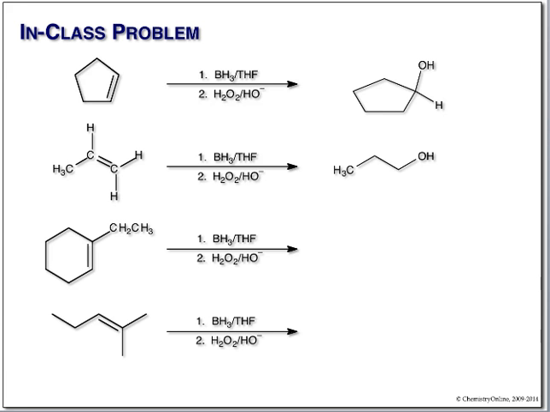The anti-Markovnikov alcohol will have the OH on the secondary center. I've shown the OH and the hydrogen on the same side. This is the anti-Markovnikov carbon. That's where the OH group winds up.